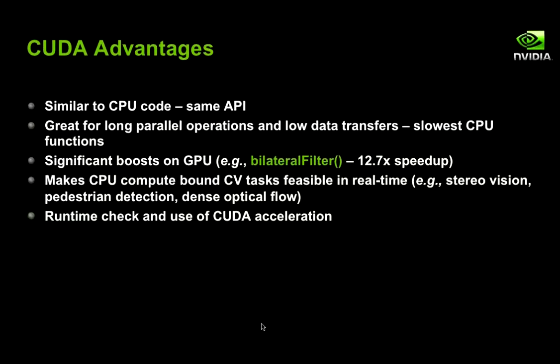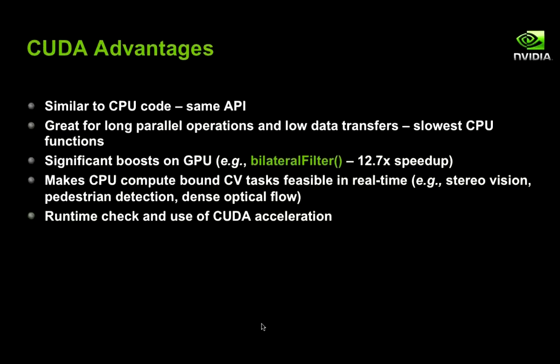Such functions also tend to run the slowest on the CPU because they have very long compute on each pixel, so they tend to port very well to the GPU. An example of such a function is the bilateral filter that we saw before, which resulted in over 10x speed up on the GPU.